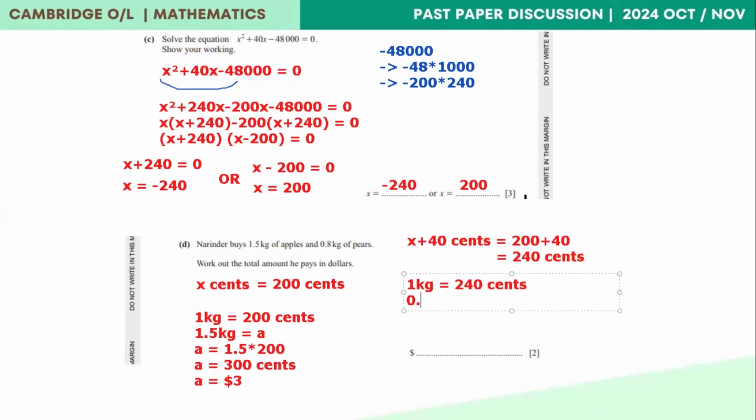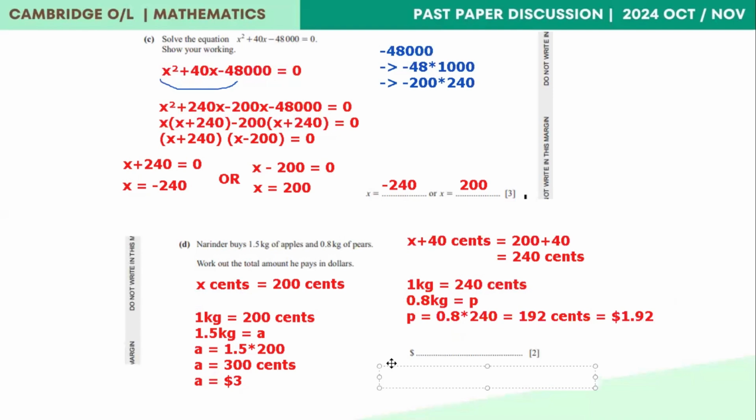We are finding 0.8 kilogram, equal to P. So P is equal to 0.8 into 240, which is 192 cents. In dollars that would be 1.92. You just divide by 100.